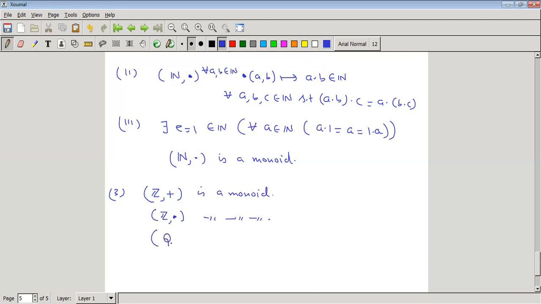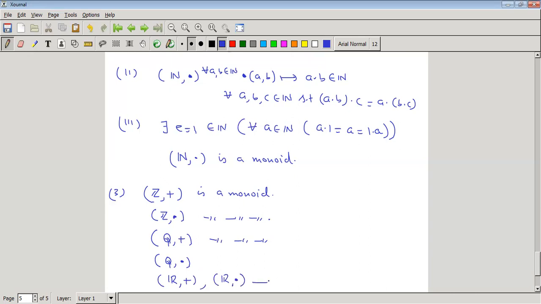Similarly, the set of rational numbers with addition also satisfies these three conditions, so it is a monoid. Think about the set of rational numbers under multiplication, the set of real numbers under addition, and the set of real numbers under multiplication.